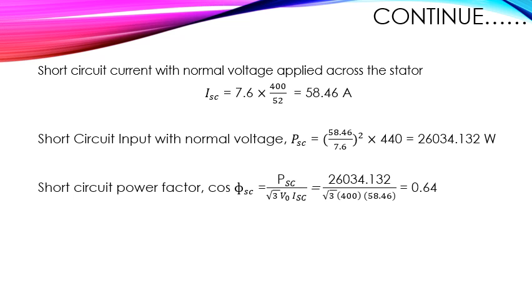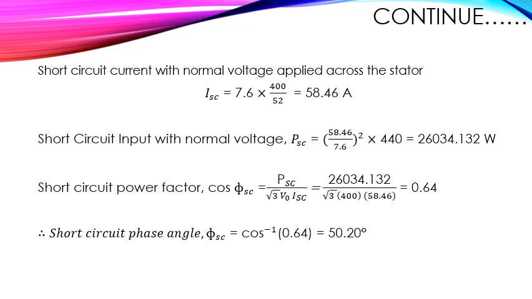Then short circuit power factor cos phi SC is equal to PSC by root 3 V0 ISC. So just put the values and we get the short circuit power factor as 0.64. Then for the short circuit phase angle, take the cos inverse of 0.64. Then we get the short circuit phase angle as 50.20 degrees.